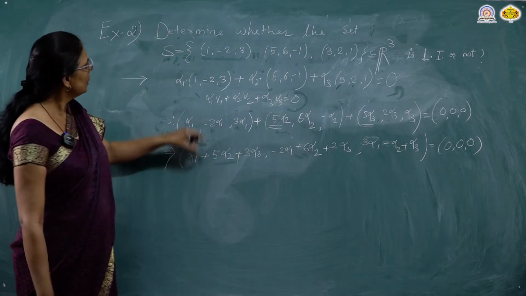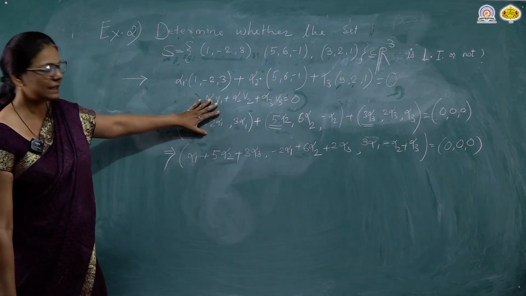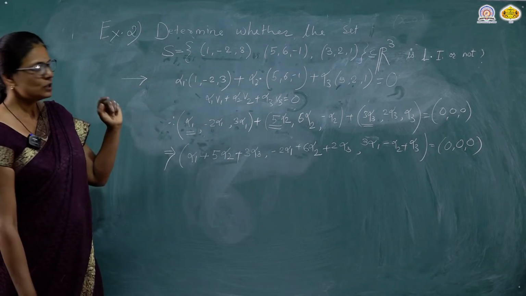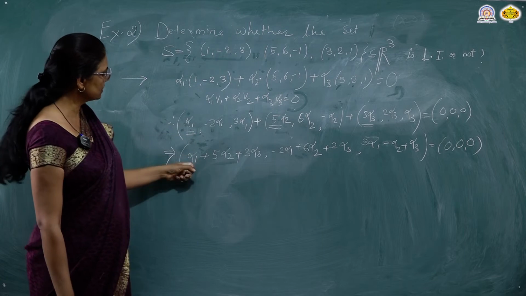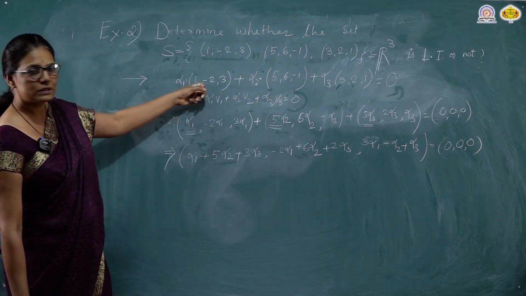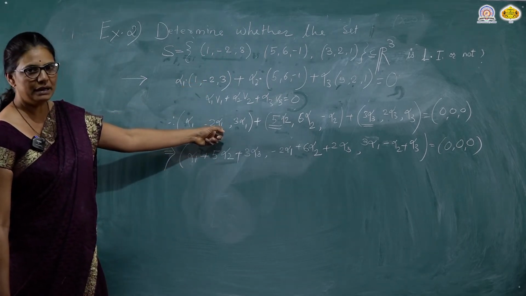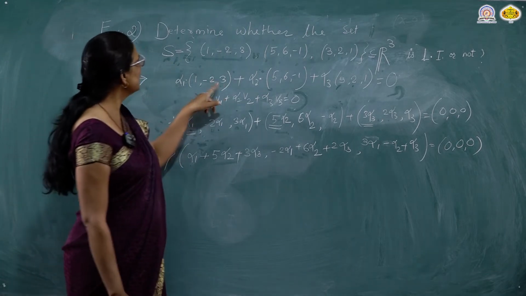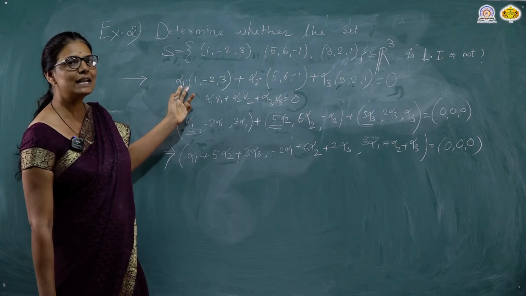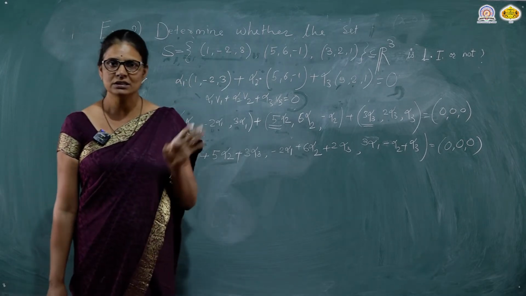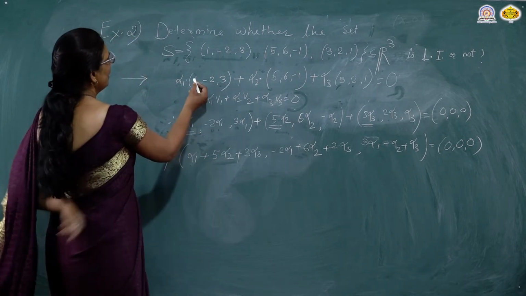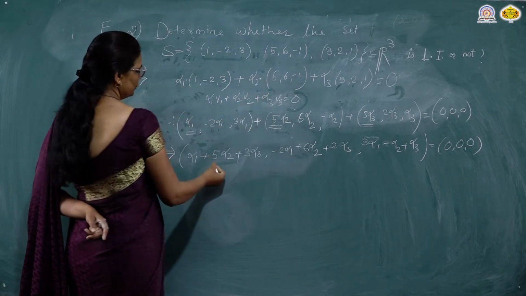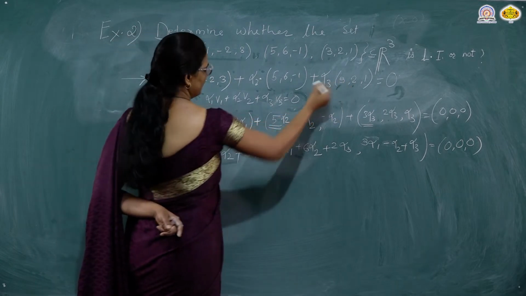You can skip this step also after practice. You can write this step directly from the first one. So just see how to write this third step from the first one by skipping the middle step. Since we want to do the scalar multiplication and then add all these 3 vectors, for that 1 times alpha 1 right here plus 5 times alpha 2 and then 3 times alpha 3.